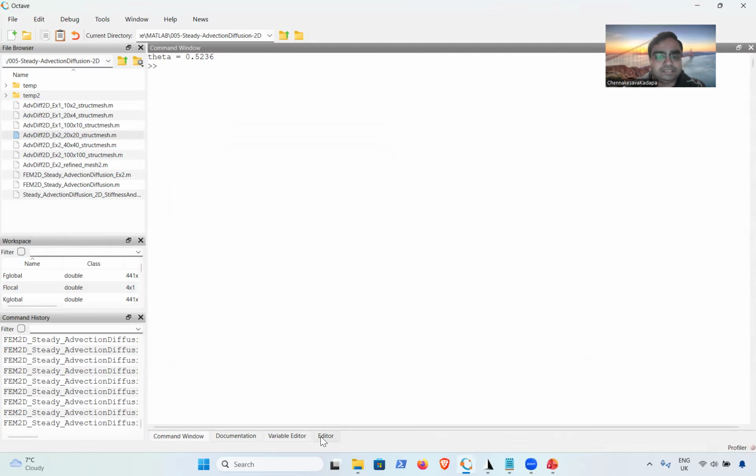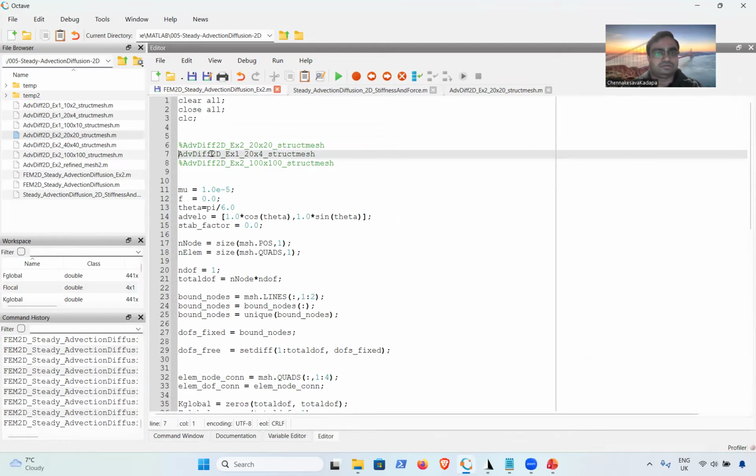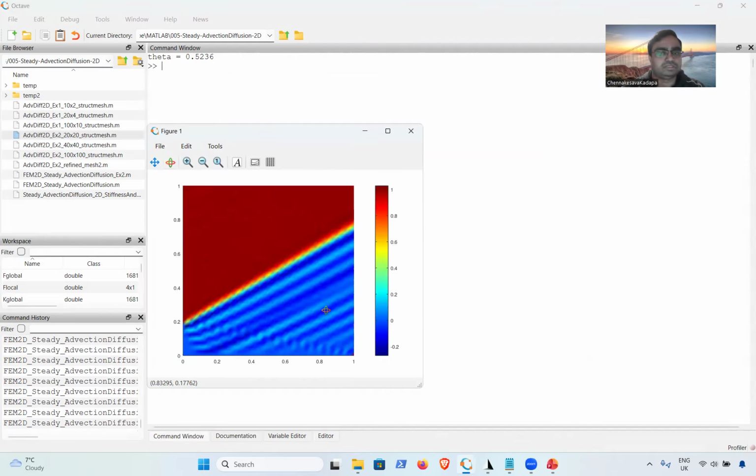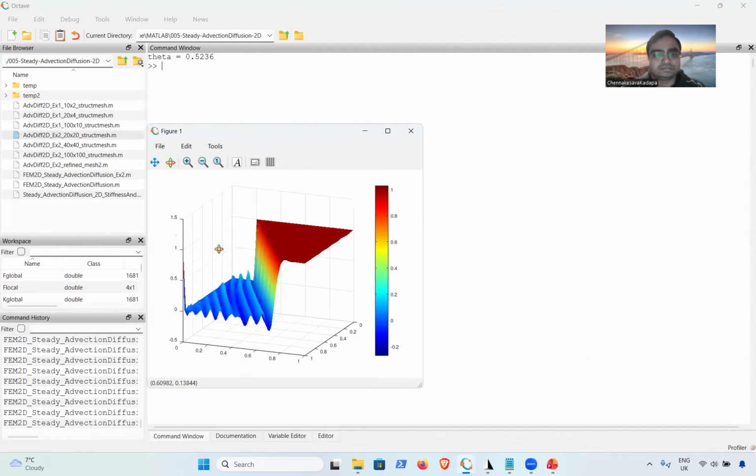And let us see what happens if we use a finer mesh. For example 2, I'm going to use a 40 by 40 mesh. There are still oscillations.